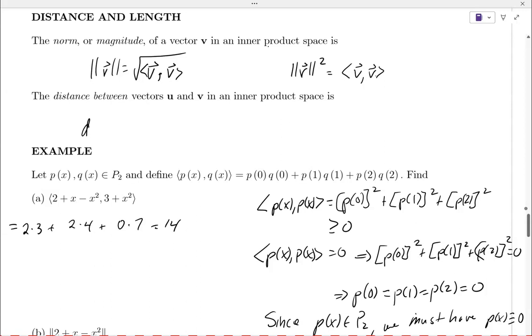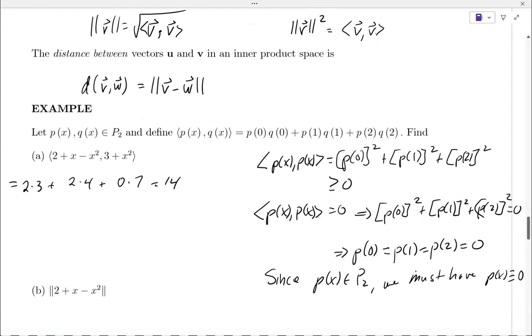And I believe we talked about this last time with respect to Euclidean vectors: when you do the distance between V and W, we think about distance between the vectors as the distance between their terminal points when they're in standard position. And we said that between those two points, you could find the vector V minus W and take its length, right? That's exactly the same idea that we use here. The distance between two vectors is just the norm of the difference of the two vectors, no matter what the inner product is.